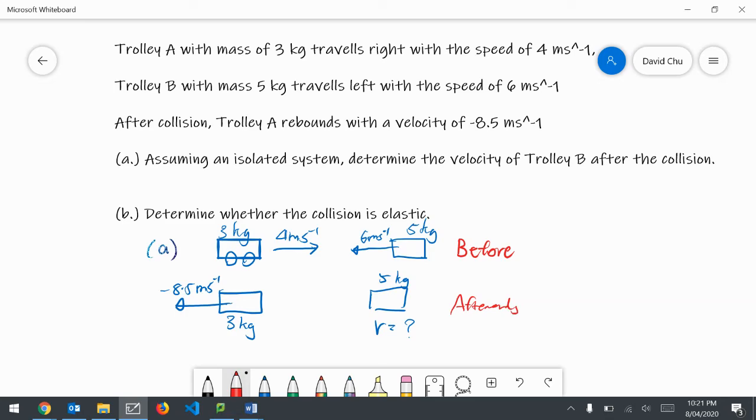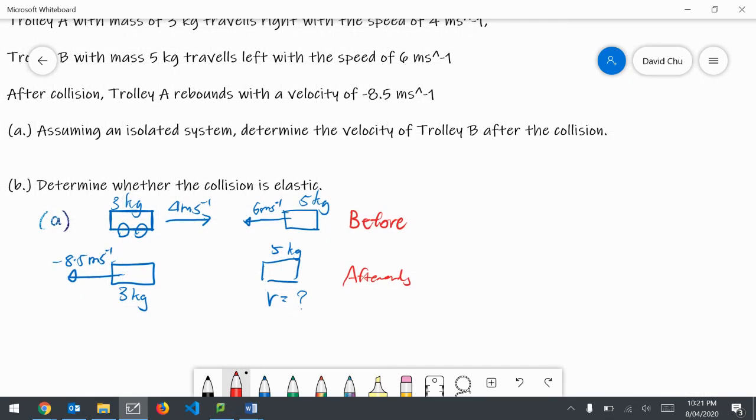So now we can use the equation as determined before to our advantage. So m1 v1B plus m2 v2B equals m1 v1A plus m2 v2A.